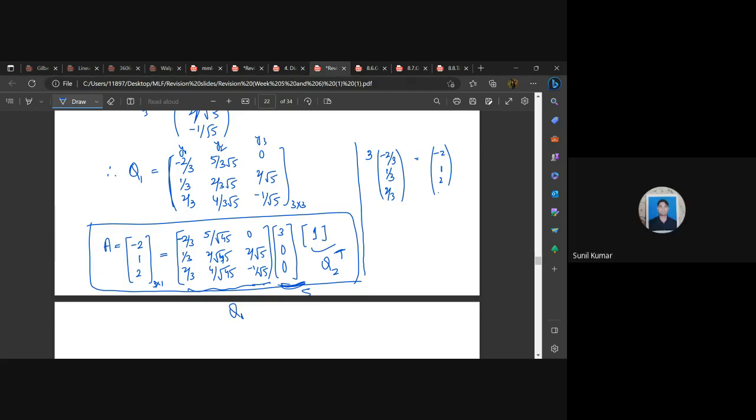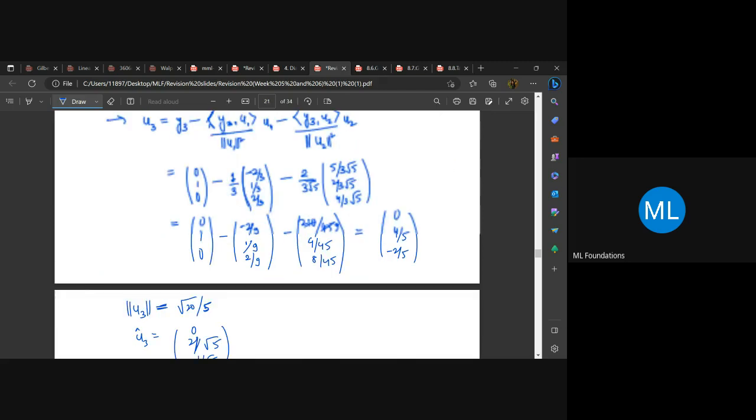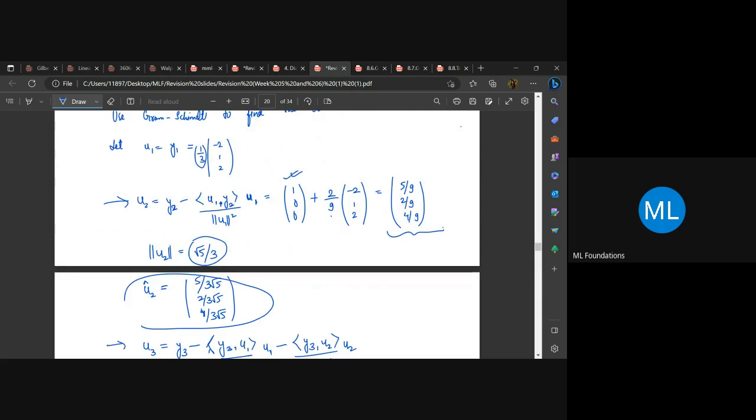So if I say 1 by root 2 times the vector 1 0 1, that is again a normalized vector. So it can be y2 and y3 as well. Yeah, but you also need to check that they should be orthogonal. Yes, that is why we use the Gram-Schmidt process to get y2 and y3, because in the initial case it was not orthogonal.